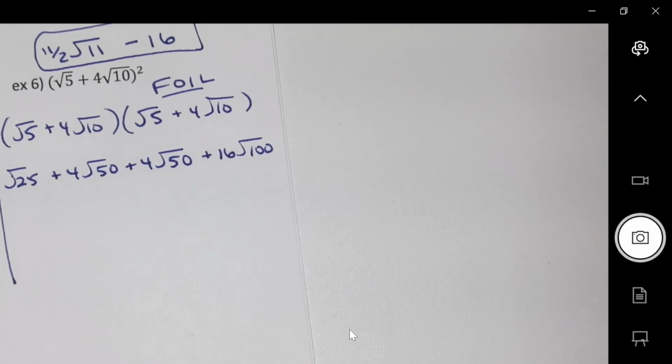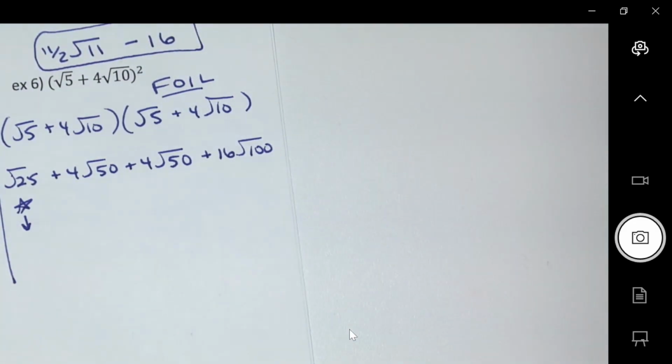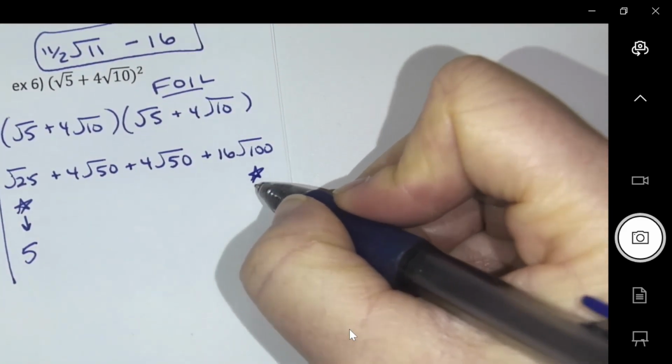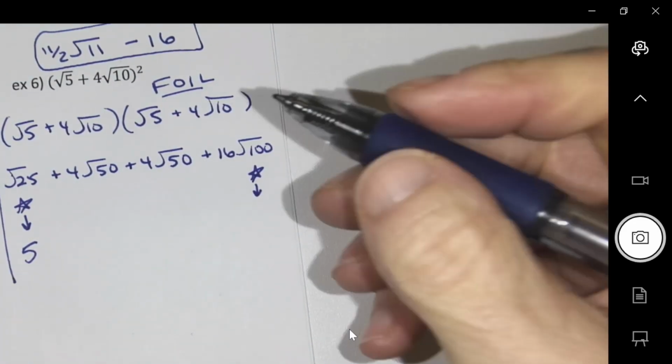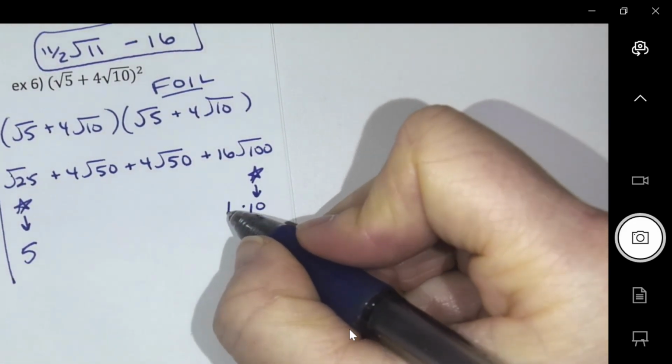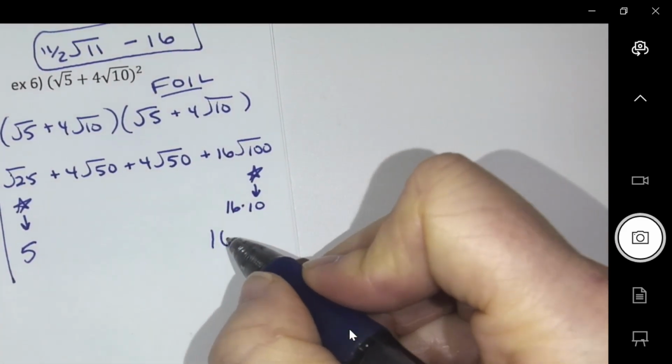Okay, so this was my 4 parts of my FOIL. We're good? Root 25 plus 4 root 50 plus 4 root 50 plus 16 root 100. Okay, you can change the root of 25 to just 5. You can also do that with the root of 100. So then 16 times 10.